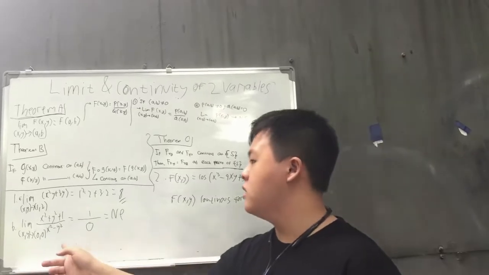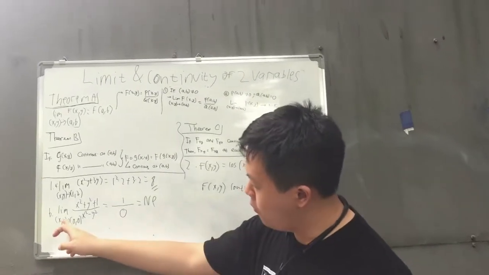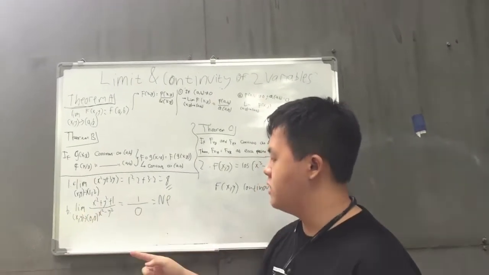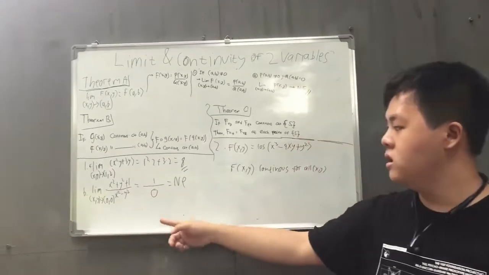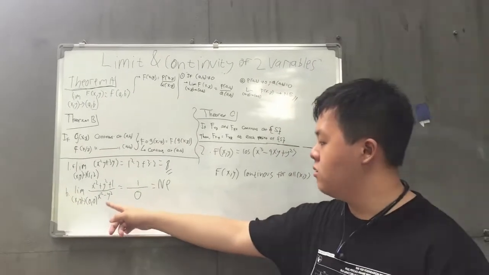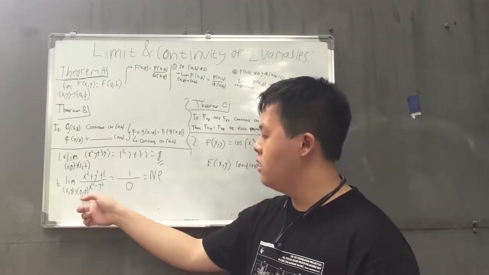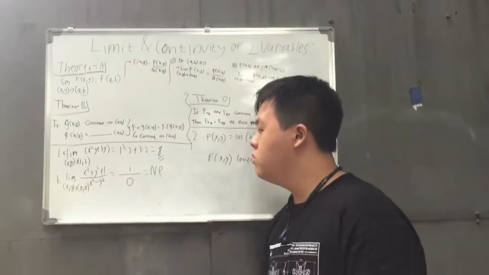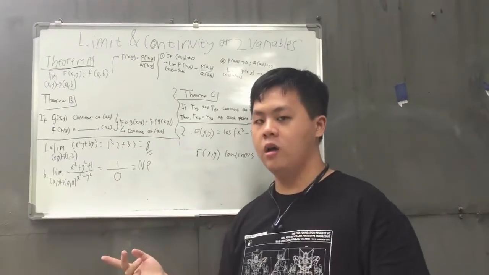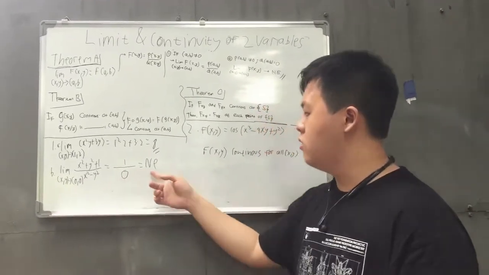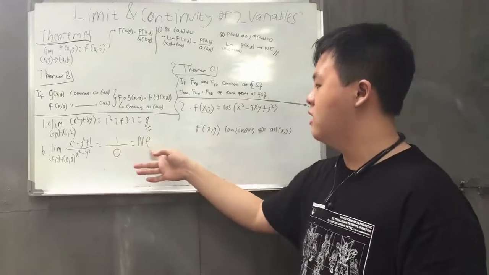And the second example is the limit of (x squared plus y squared plus 1) over (x squared minus y squared) as (x, y) goes to (0, 0). Substituting x and y, that limit does not exist.